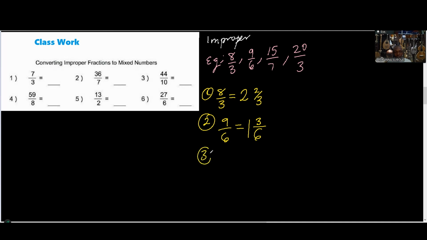Yes. Now the third one, I have 15 over 7. So I have 15 oranges. I want to give 7 to each of my friends, okay? How many friends can I successfully give 7 oranges? Two.